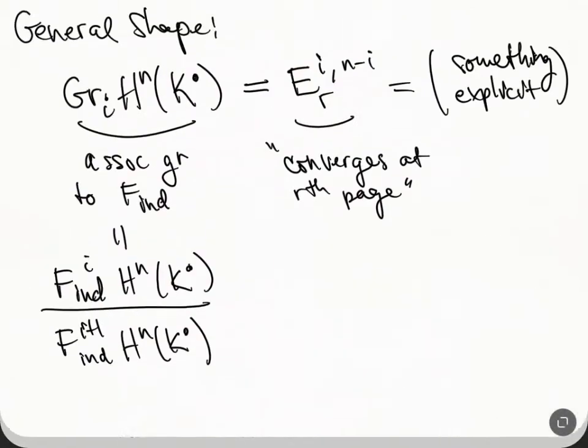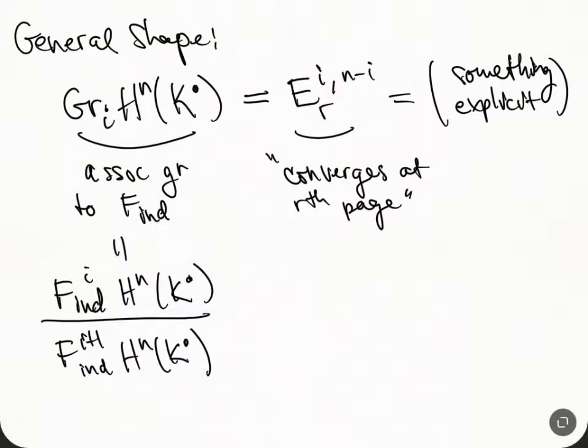I should note that I should have done this instead of doing it like this, since they're two different objects, so I should take the ith. So I take the graded thing of this, and I take the ith part.